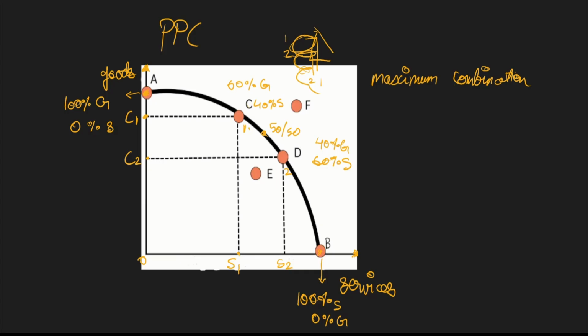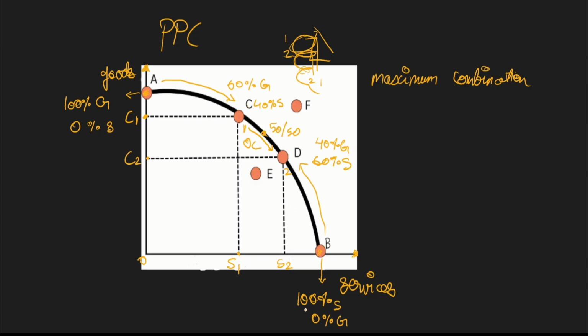Now, moving along this curve results in opportunity cost. A movement along this curve, so if you're moving from A to C, C to D, B to D, D to C, D to A, B to A, anything results in an opportunity cost.